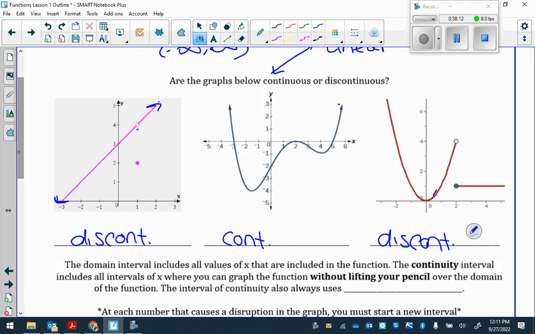Linear functions, unless there's a hole, if they're a straight line, you're not moving your pencil at all. Therefore, it's continuous. These functions here, I'm not taking my pencil up. It's continuous. However, if there's a break or a hole, I have to move my pencil, therefore it's discontinuous. Does that make sense? Like a break in the graph.